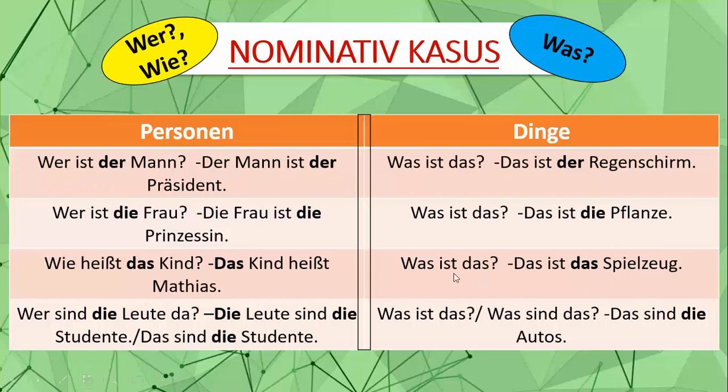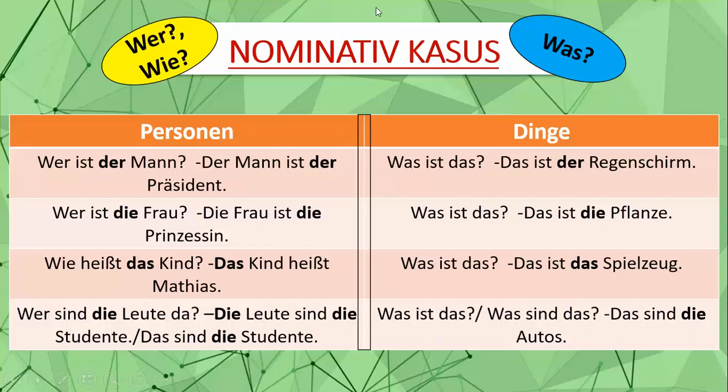Then was ist das or was sind das, if you're going to mention a noun in the plural, das sind die Autos would be the way to answer either of these questions.